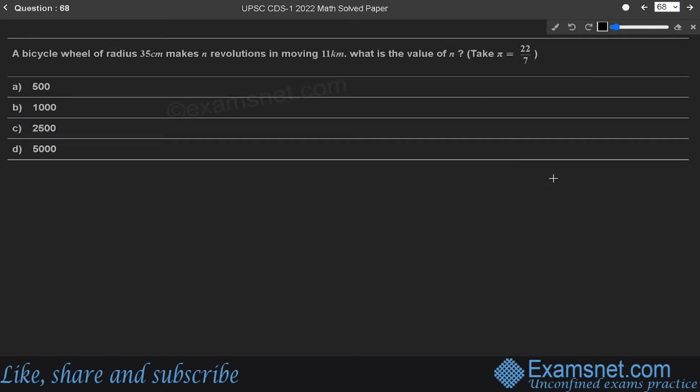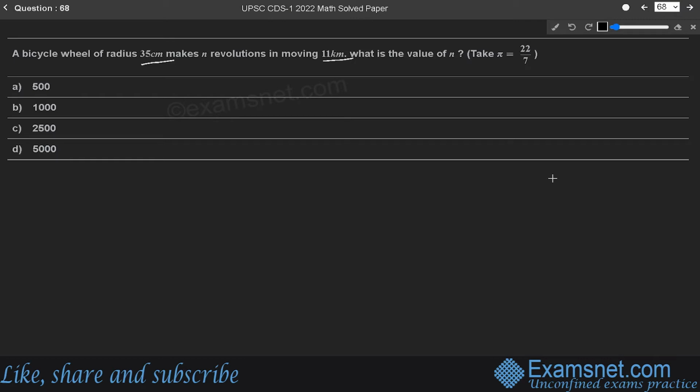Next question is, a bicycle wheel of radius 35 centimeter makes n revolutions in moving 11 kilometer. What is the value of n? And in the bracket it is said to take pi is equal to 22 by 7. See here, radius is given as 35 centimeters and the distance covered is given, which is 11 kilometers.